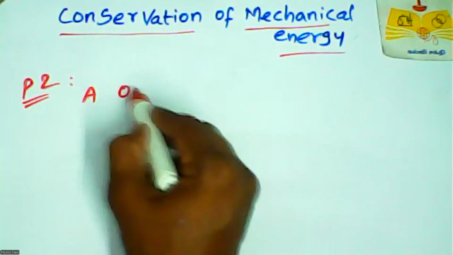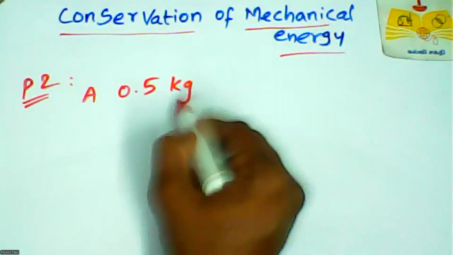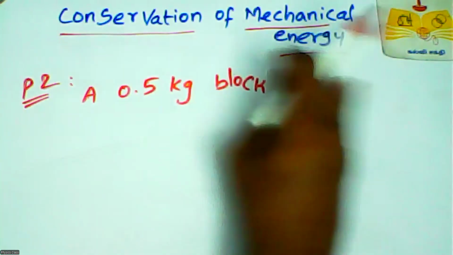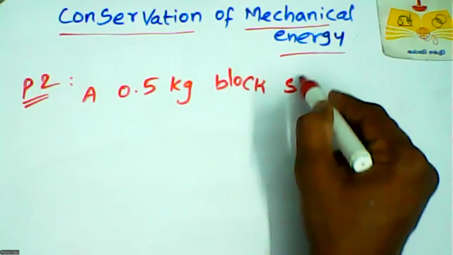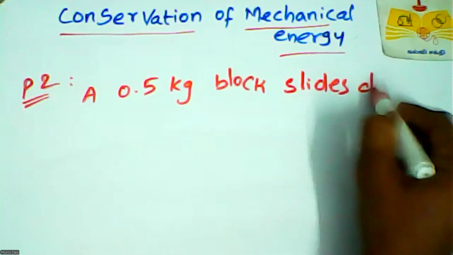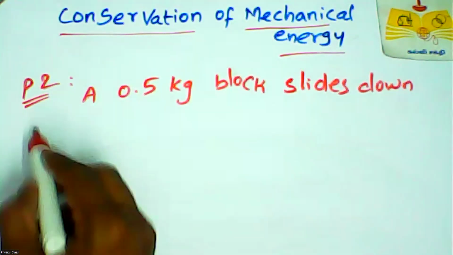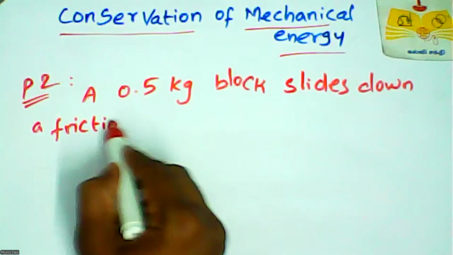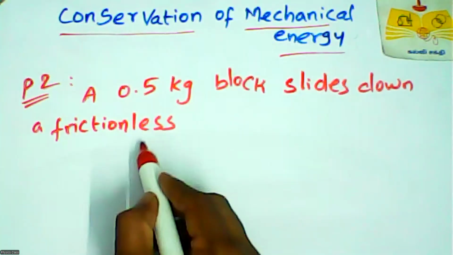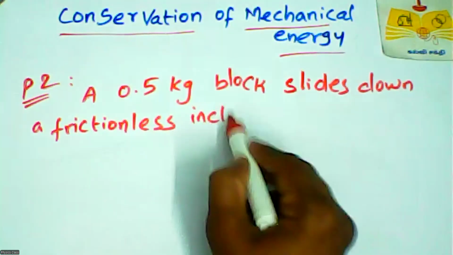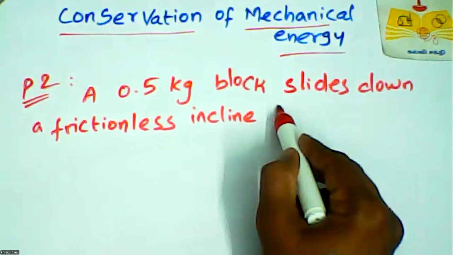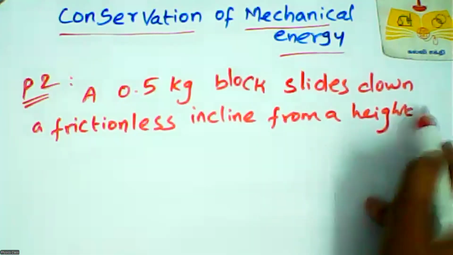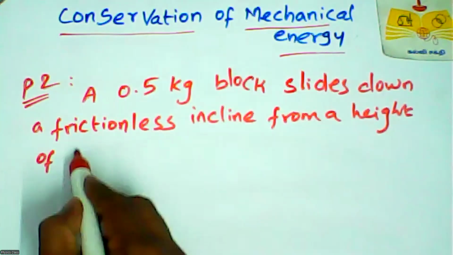A 0.5 kg block slides down a frictionless incline from a height of 5 meters.